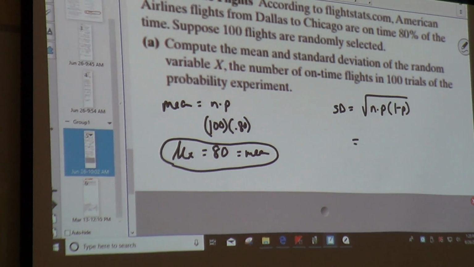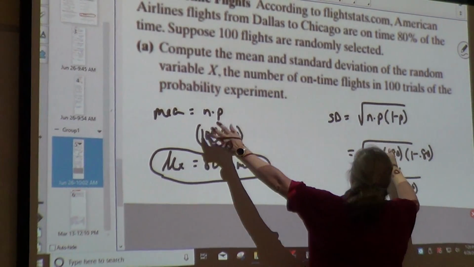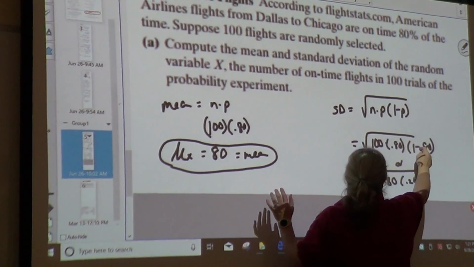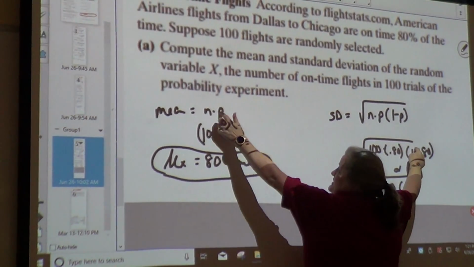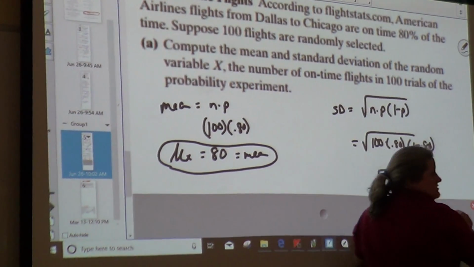And then for my standard deviation, it is going to be 100 times 0.80 times 1 minus 0.80, or you can say 80 times 0.20, however you want to write it. I got this 80 because that's the answer of my NP. And this is my failures. So if it's 80% of the time successes, it's 20% of the time failures.